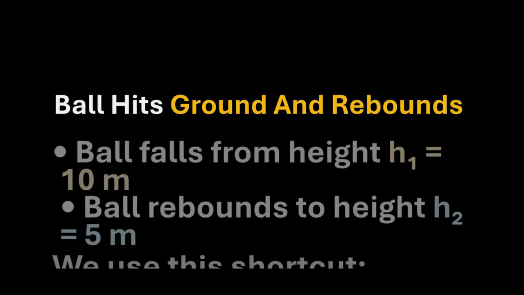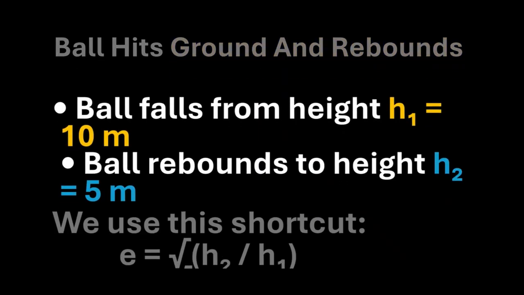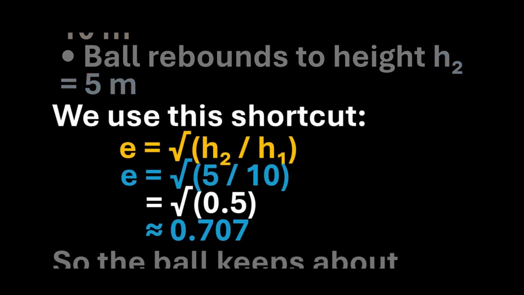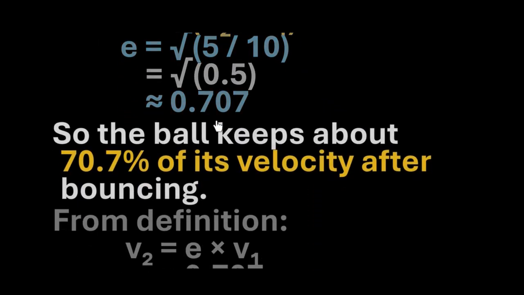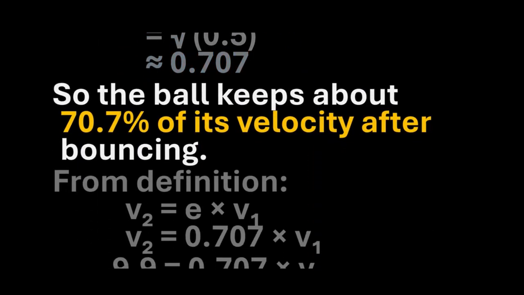Now, when the ball hits the ground and rebounds, H1 is 10 meter and the rebound height H2 is 5 meter, right? Now we'll apply the shortcut. H2 by H1 is now 5 by 10, which is root of 1 by 2, root of 0.5, which is approximately 0.707. What is the meaning of E is equal to 0.707?